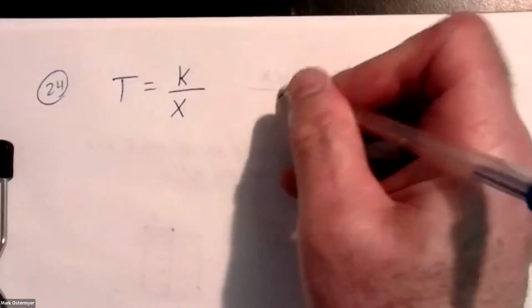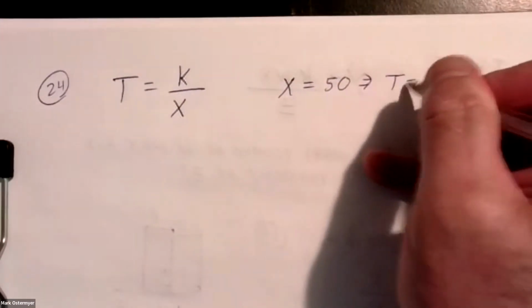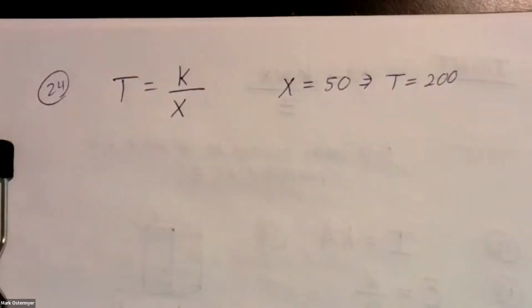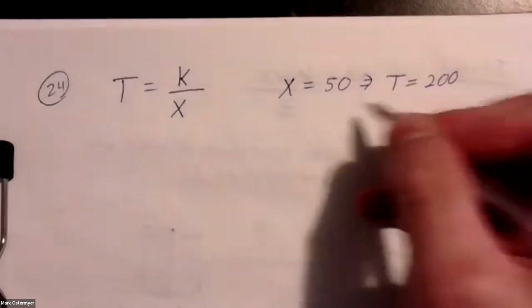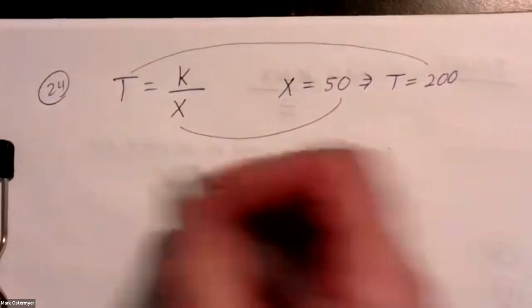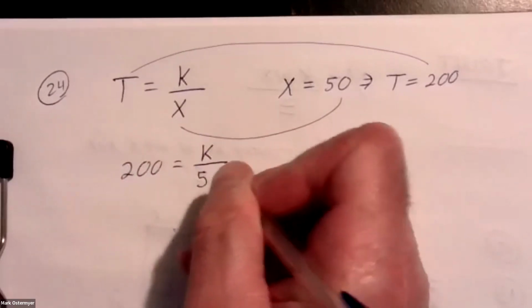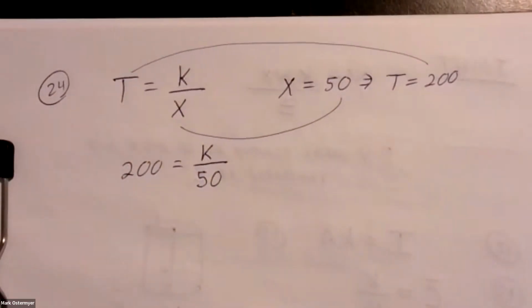Now to find K, we need experimental data. And here it is. They tell us that when X is equal to 50, T would be 200. Now we have data, so we can find the value of K. In for X goes 50, and in for T, we drop 200. So we have 200 is equal to K over 50. And now I have to solve this equation for K. So how do we solve for K?